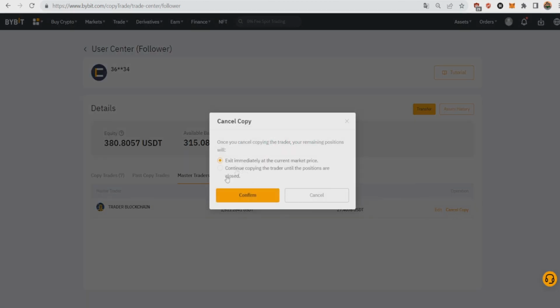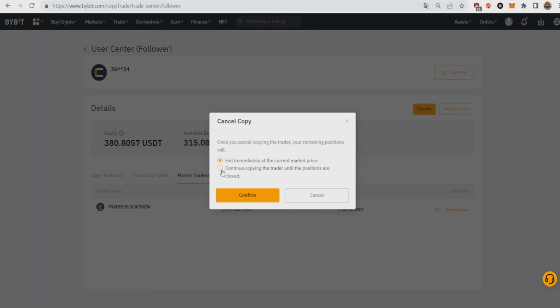And then it's really important, if you have open trades, to continue copying the trader until the positions are closed, because maybe he's currently opening 30 trades and some of them are minus 50%. If you do exit immediately, you will lose on all these trades, because some trades can stick for like 10, 20, 30 days, guys.